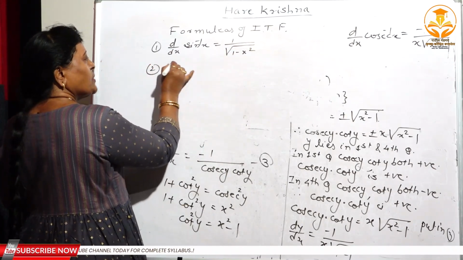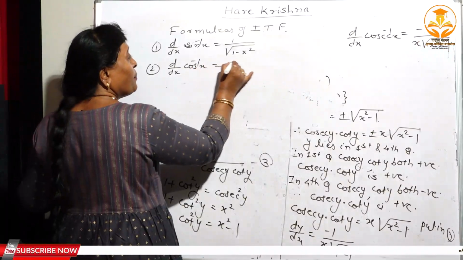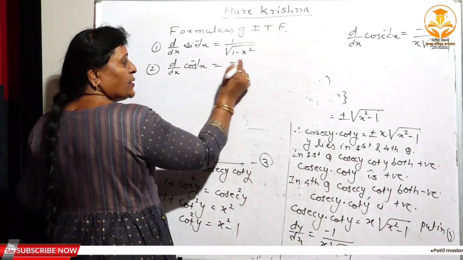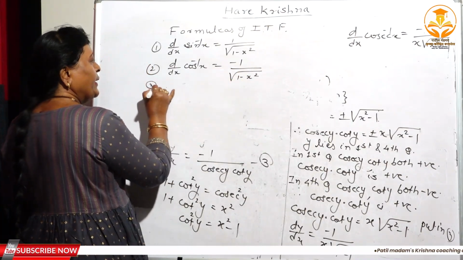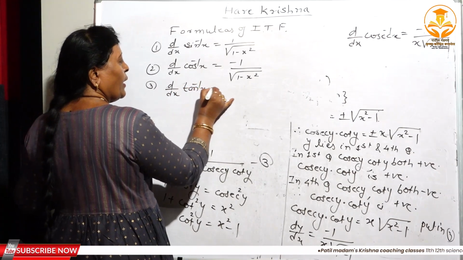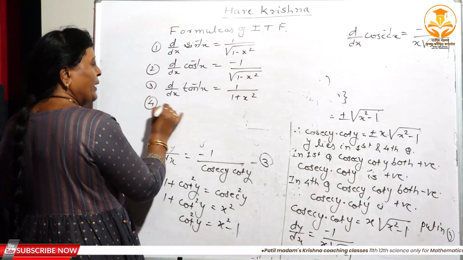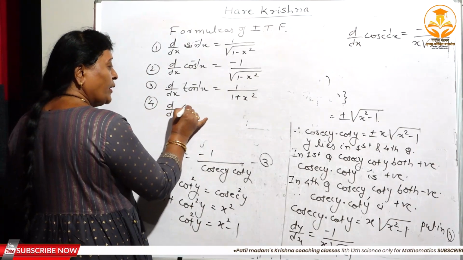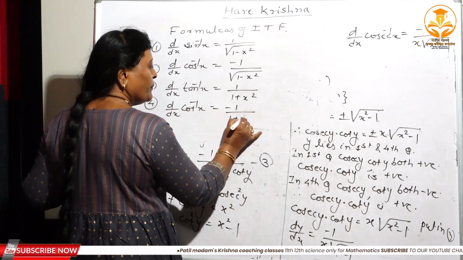Again, d/dx of cos inverse x is nothing but minus 1 upon root of 1 minus x square, whenever there is a co, minus. Again, d/dx of tan inverse x is 1 upon 1 plus x square. Fourth, d/dx of cot inverse x is again negative, minus 1 upon 1 plus x square.